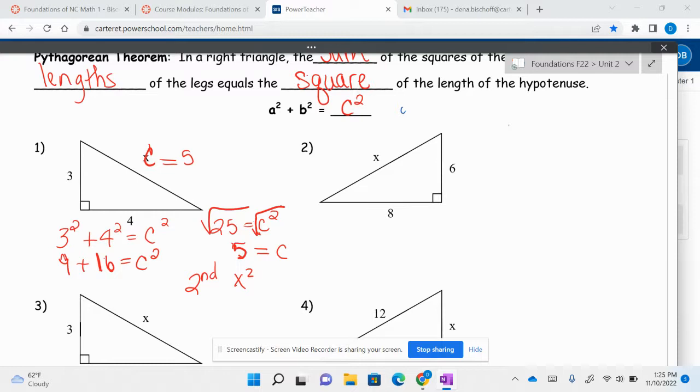So I want you guys to do example number 2. Start by labeling which side is c. You try example number 2, using a squared plus b squared equals c squared. Good job.